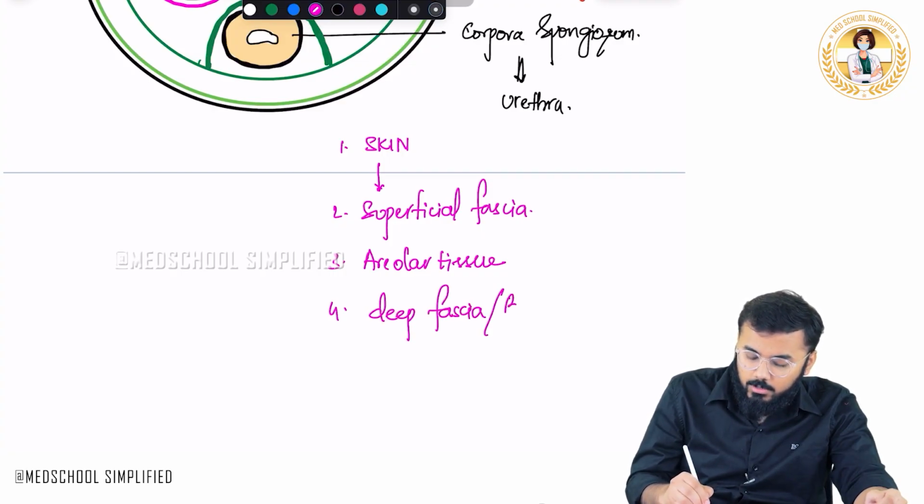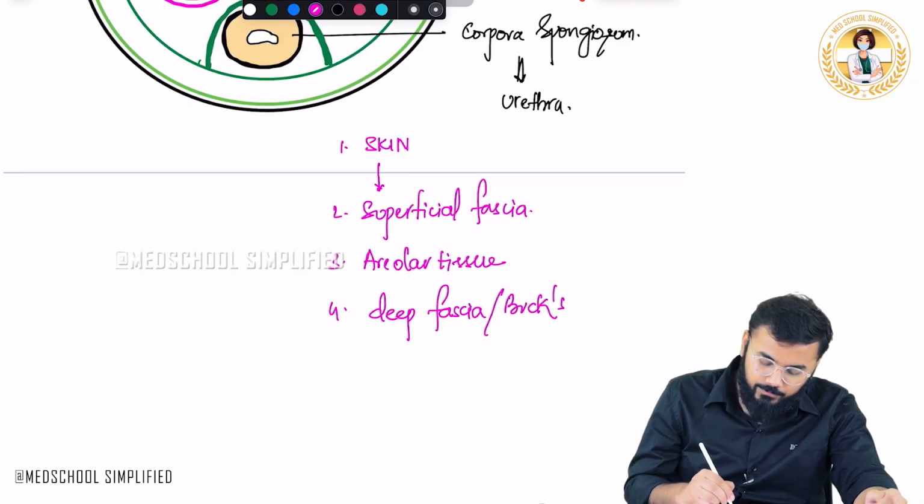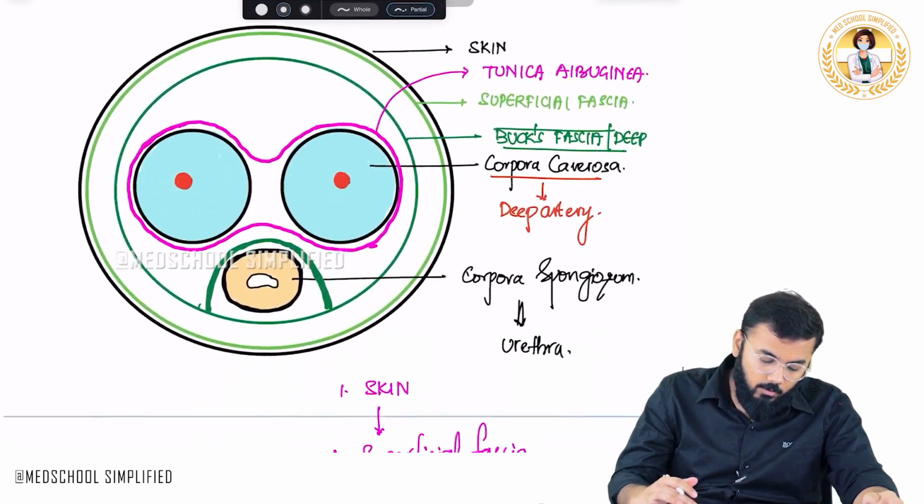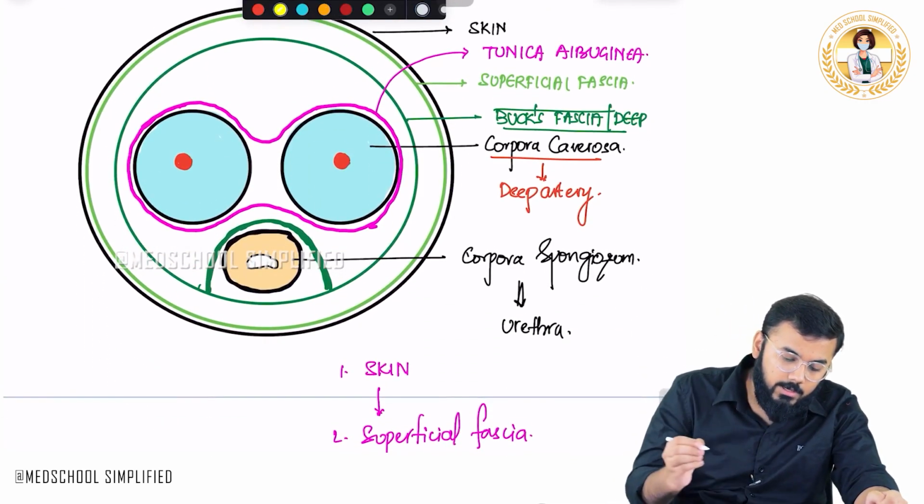Deep fascia, or you can also call it Buck's fascia. And the fifth important thing is your Tunica Albuginea. Now where is this particular Buck's fascia over here?